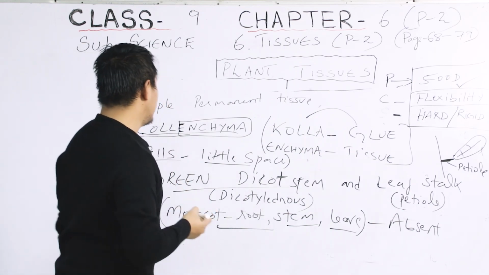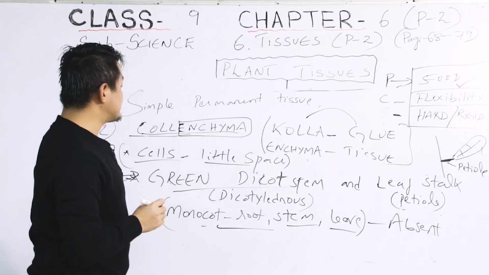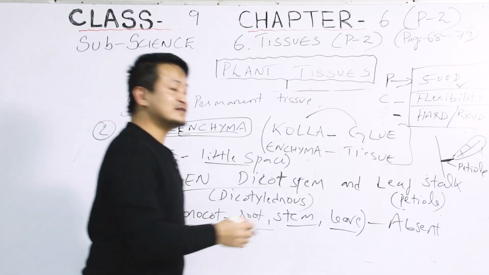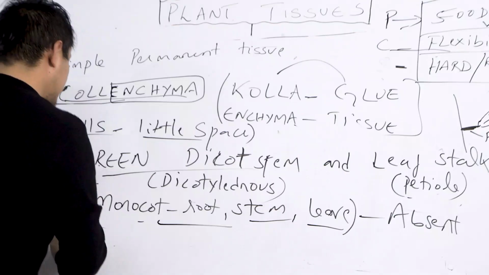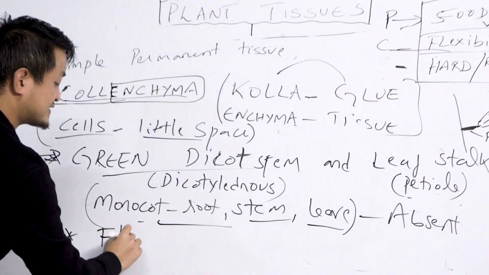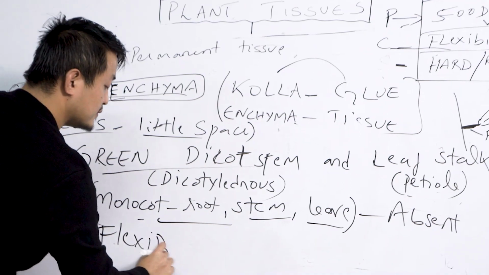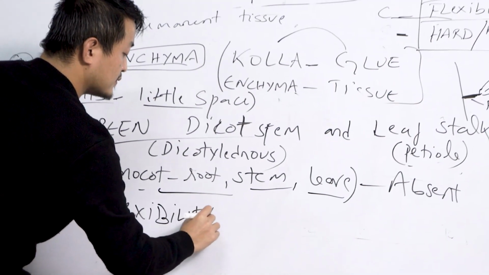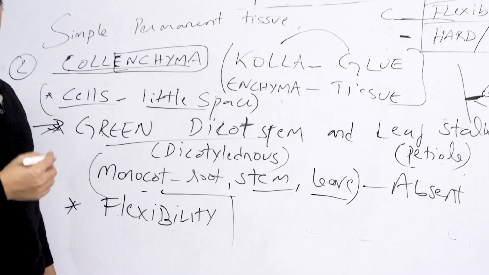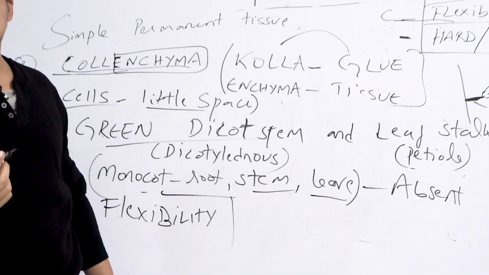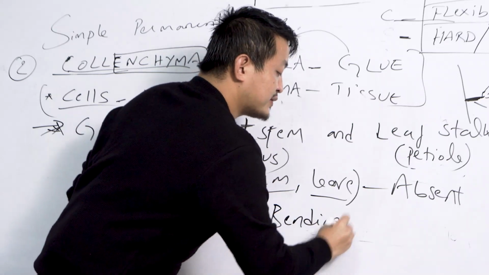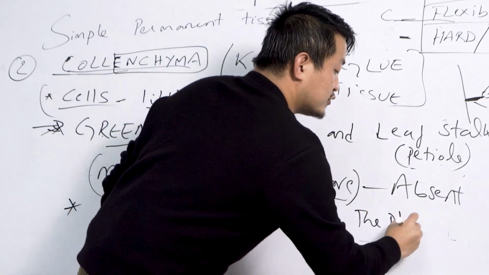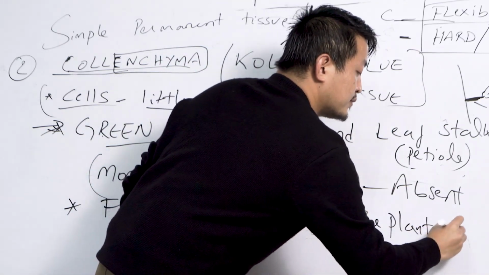Okay, students, now we'll discuss the function. The main function of this collenchyma is flexibility, as I've given here. We can bend the plant without breaking.